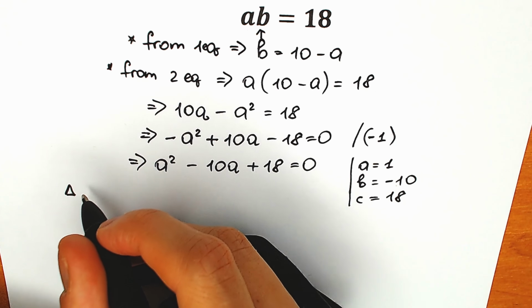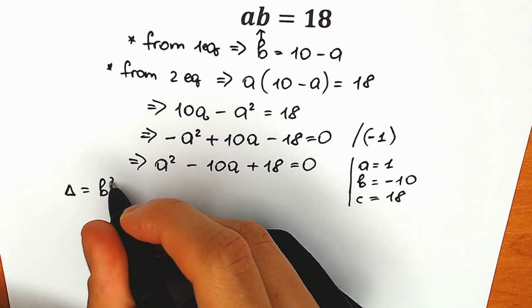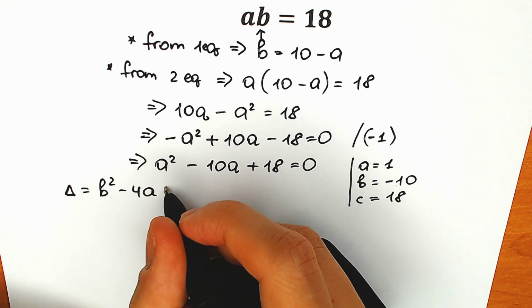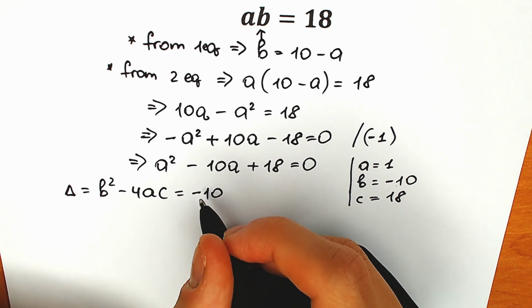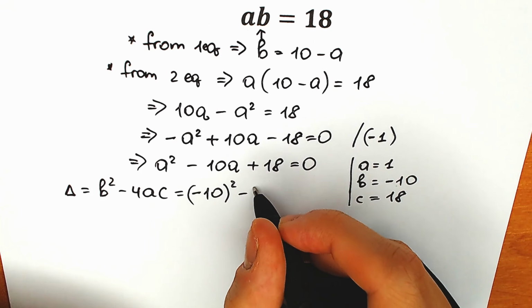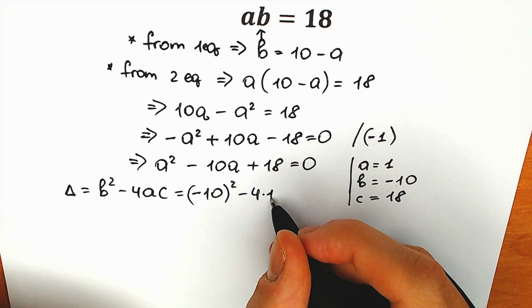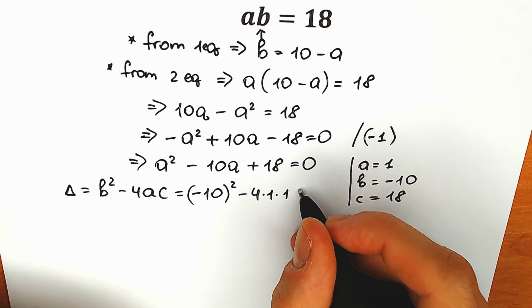Right now, let's plug each of these elements in. We know that the discriminant d equals b square minus 4ac. First of all, I'm going to find the discriminant real quick. So minus 10 square, minus 4 times a times 1 times c times 18.